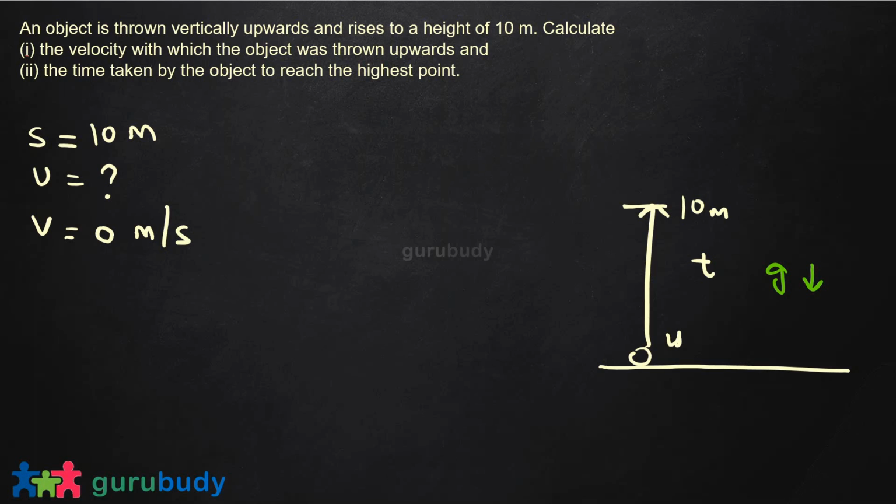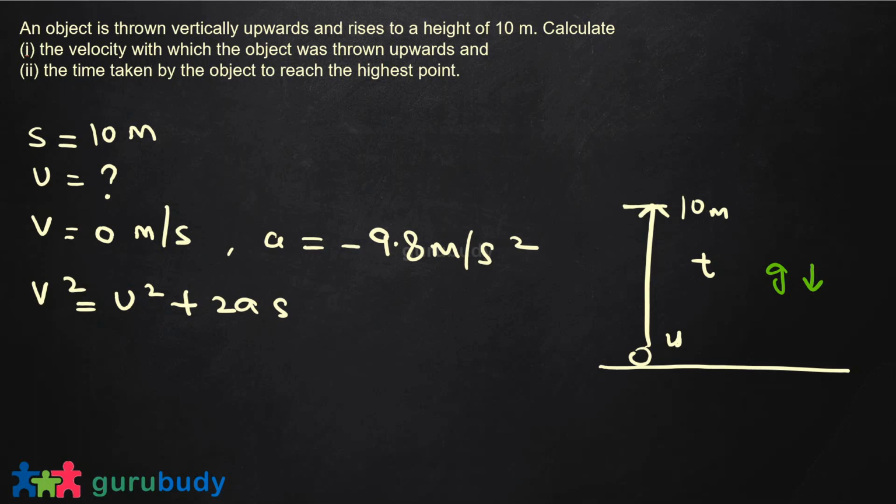Now it is asking for the velocity, right? So we know v square is equal to u square plus 2as. This is from our equations of motion. A, which is the acceleration of the object, is actually minus g, right? So I'm going to say acceleration is equal to minus 9.8 meter per second squared, because acceleration is acting downwards and the motion is upwards.